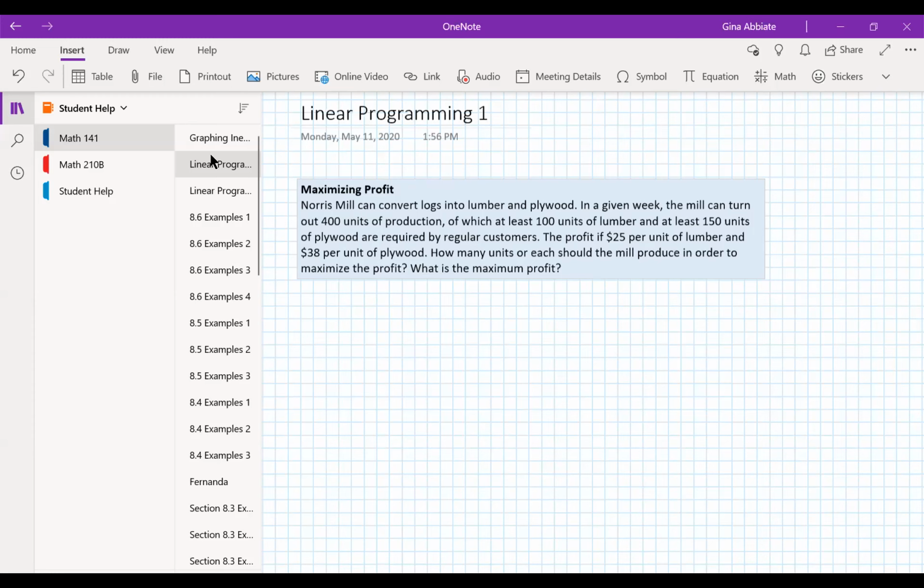The profit for each is $25 per unit for the lumber and $38 per unit for the plywood. We want to know how many units they should produce to maximize their profits and then find what that maximum profit is. So let's start by setting up variables.